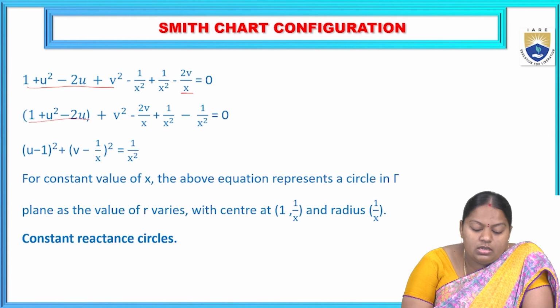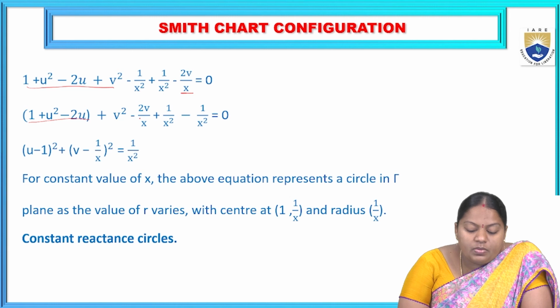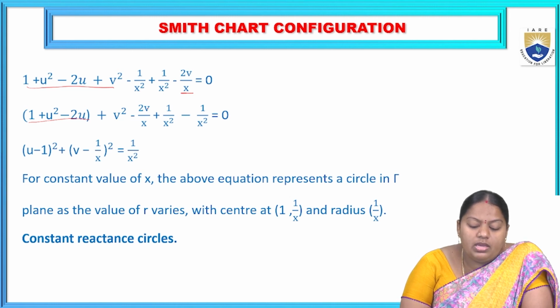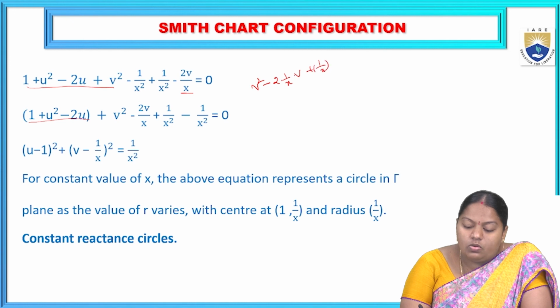Now from this, we write (a minus b) whole square, where the a value is u: (u minus 1) whole square plus v square minus 2 into v by x, that is 2ab, with a as v and b as 1 by x. So v square minus 2 into 1 by x into v plus 1 by x whole square.